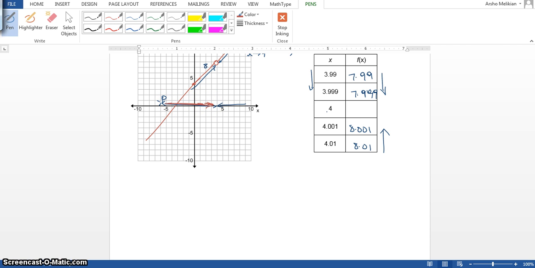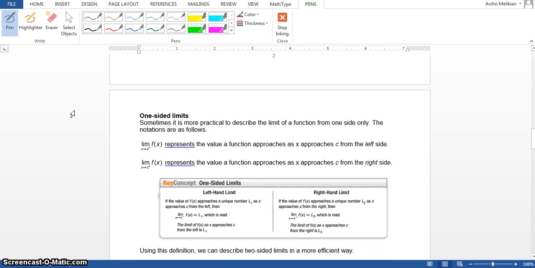Now we have notation to distinguish left and right side. The notation looks like this. If I have x approaching c with a minus on top, this represents the value of a function as you approach from the left side. So think of it as you're approaching this way from the side of the negative numbers.